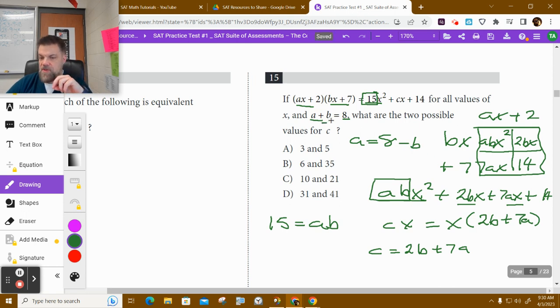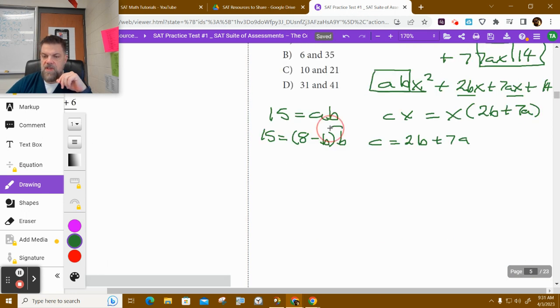So I could substitute that in and solve for b or a, right? So I'm going to substitute that in for this one, and say that 15 is equal to a, but a is actually equal to 8 minus b times b.